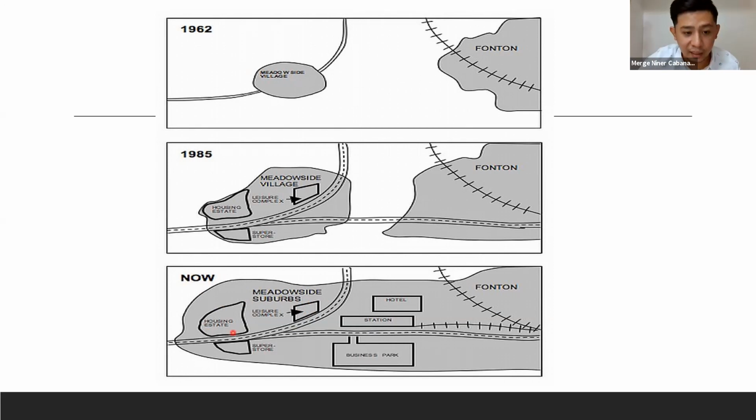The housing estate is larger now. The superstore is still located on its previous location, but there is now a business park, a station, and a hotel in the middle of the map, and the railway has now been extended towards the middle of the map. That is what our task is.